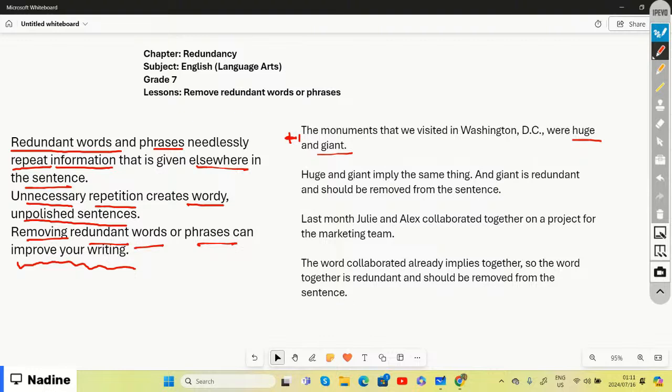Huge and giant imply the same thing, and so giant is redundant and should be removed from the sentence.